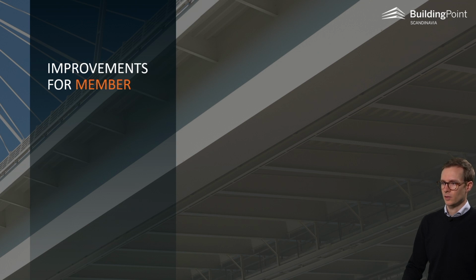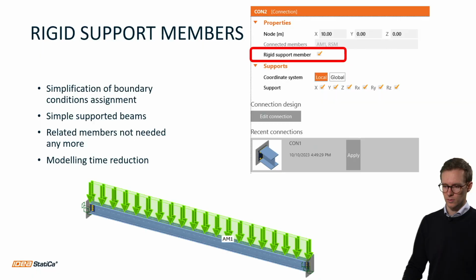There's also some improvements for member, so let's go through them. You now have the possibility to check the rigid support member, so this box in the connection, and a gray rectangle will show. That means it's a rigid support. So also related members are not needed anymore, and modeling time will be reduced, we hope.